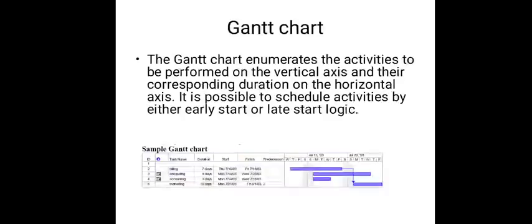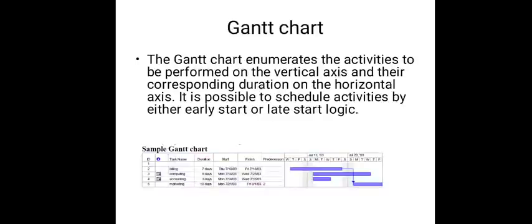Next element is the Gantt chart. The Gantt chart enumerates the activities to be performed on the vertical axis and their corresponding duration on the horizontal axis. It is possible to schedule activities by either early start or late start logic.